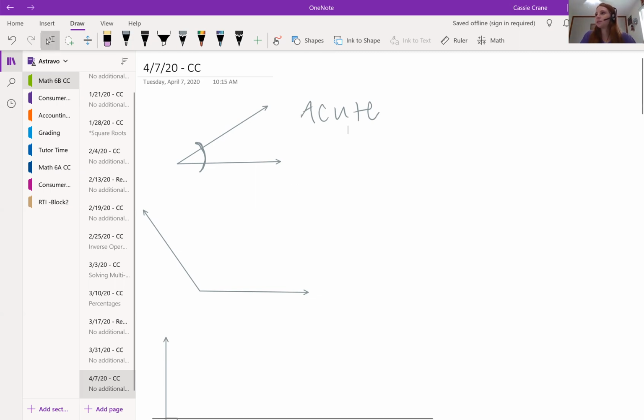What tells us that it's acute? Exactly. This angle measures less than 90 degrees. We can tell that because we know that a 90-degree angle is like straight up and down, right? So less than 90 degrees, so it is an acute angle.